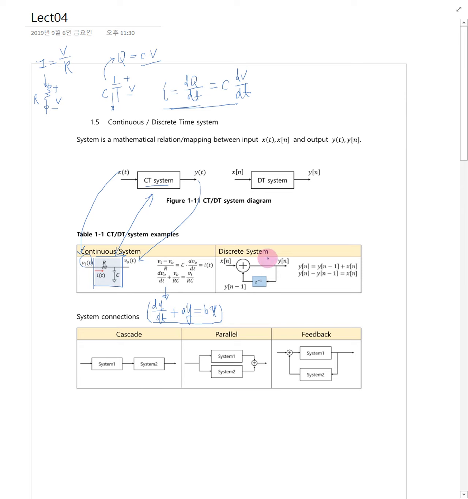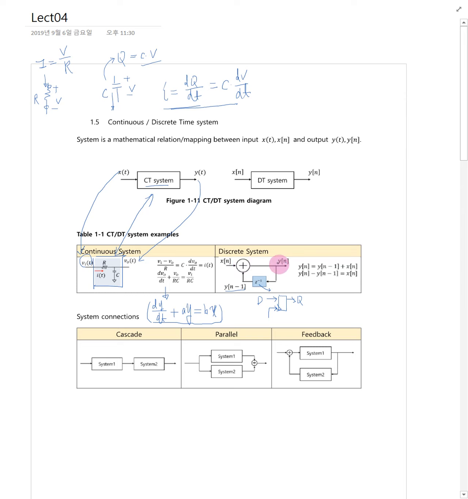Here is a discrete time system. In the discrete time system, x[n] is applied at the input, and the output is taken here. Here is a one clock delay. Usually we make this with a D flip-flop. A D flip-flop looks like this. D is the data input, the clock is applied here, and the output is taken here. So data is updated to the output at every clock. This device means there is a one clock delay, one sequence delay. If the output y[n] is here, then this means the previous data.